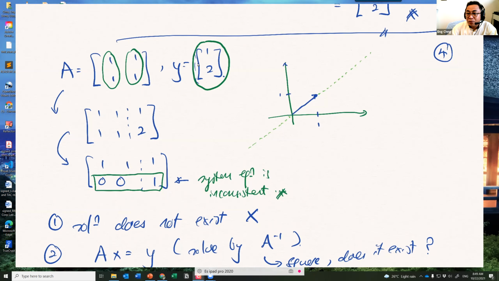Now, where is y? y is 1, 2. So let me draw it in red color. This is y.